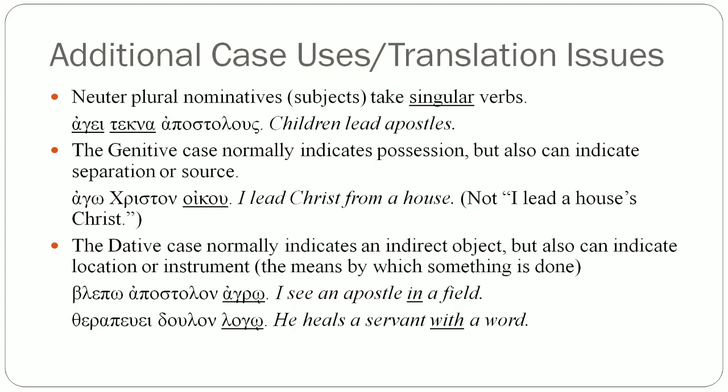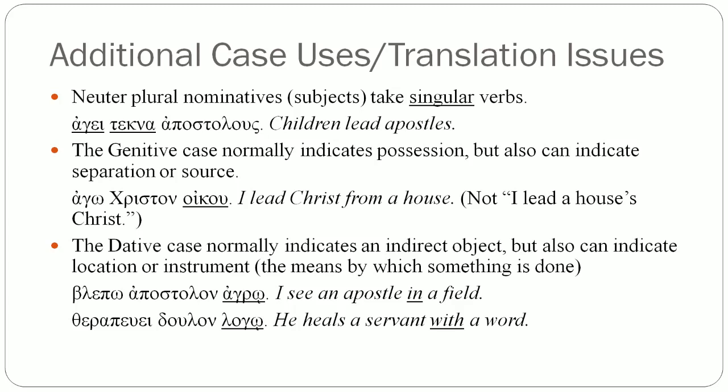But notice the verb now, age. If you remember back from chapter 3, from last week, the ending there is a third person singular, not a third person plural. But it's singular because tekna is neuter, and a neuter plural nominative takes a singular verb.